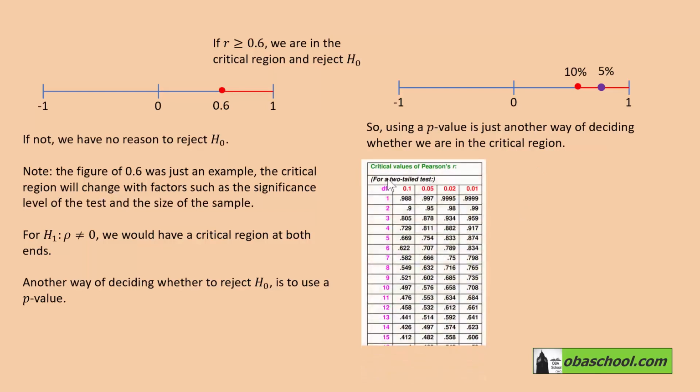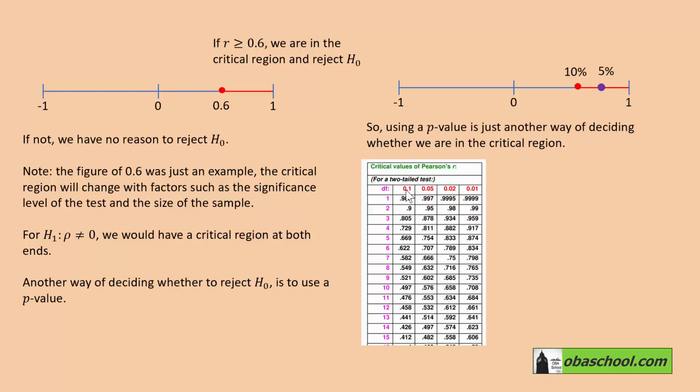So I've got some values for critical values of Pearson's R, and these are for a two-tailed test, but it's pretty easy. If we look at this value here of 0.900 if you like, then for a two-tailed test it's 0.1, but if we were doing a 5% one-tailed test, that value would be used.